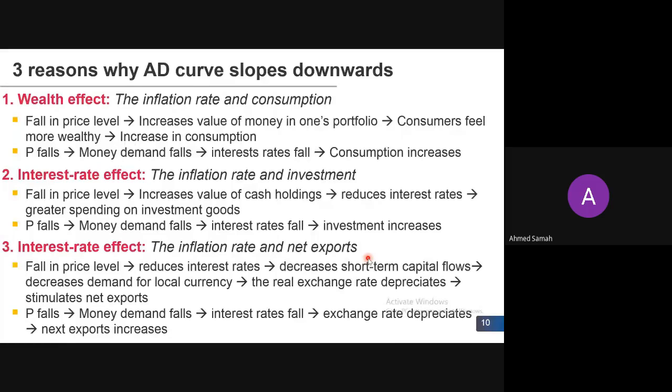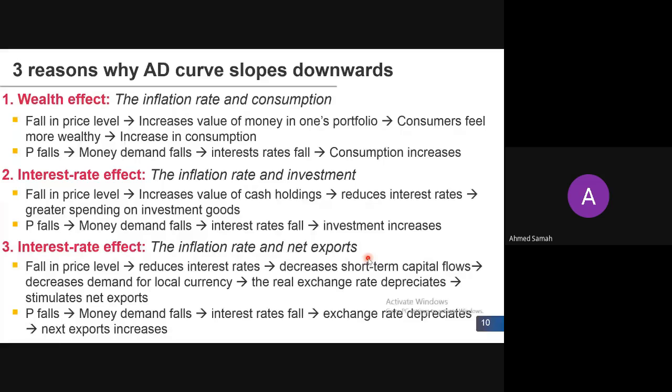For example, if the prices fall and interest rates fall, the rupiah will depreciate.